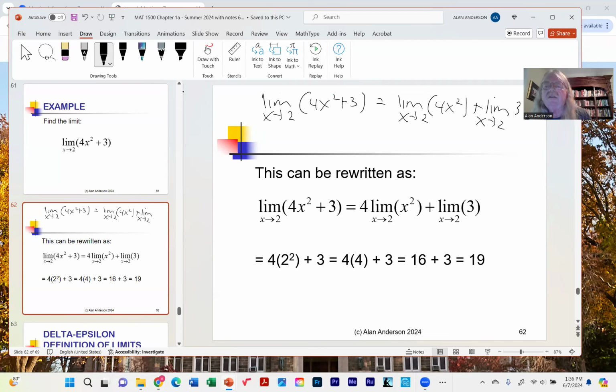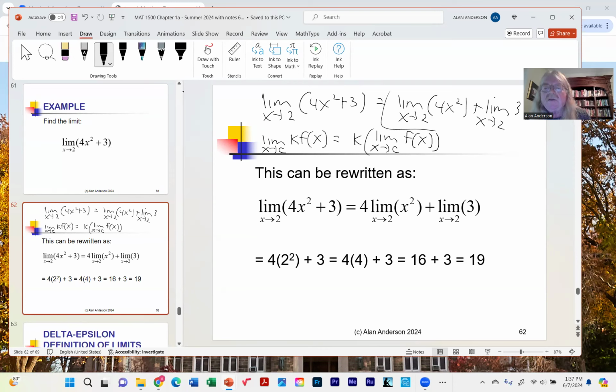The second one is a constant. Now here, recall, so we'll use that property.